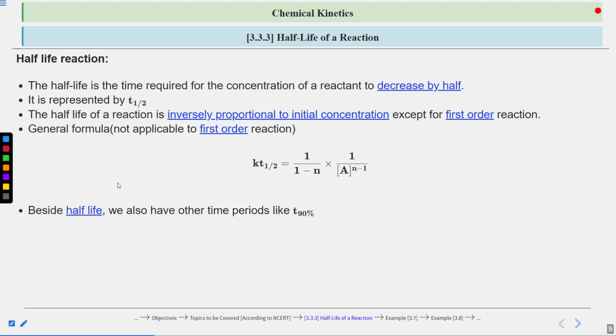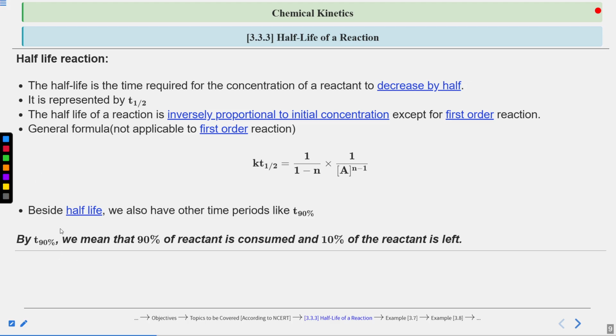Now, besides the half-life, we also have other time periods like T90%. If you can calculate the half-life time period, that is how much time the concentration of reactant takes to decrease by half, you can also calculate other time periods like T90%. That means when the concentration of the reactant is reduced by 90%, that time period is called T90%.